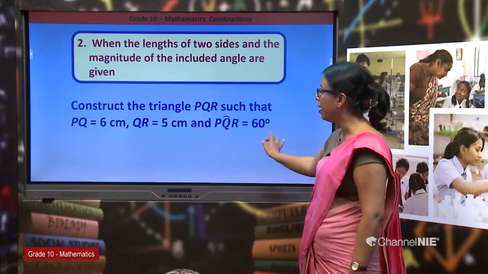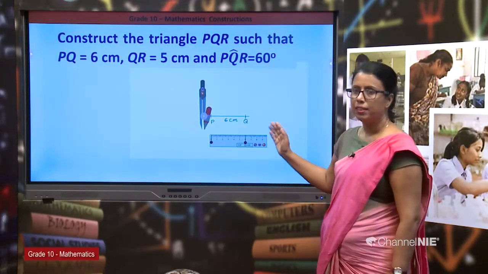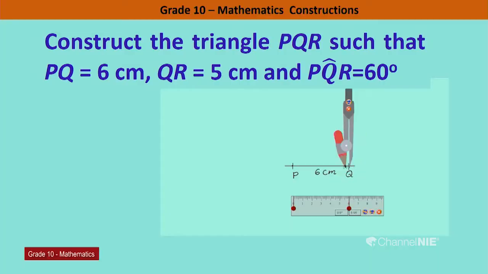Let us construct this triangle. Construct as earlier PQ line segment. Next we wanted to construct that angle. Q angle is 60. Let us construct angle 60. Construct an arc, take any radius, keep the steel point on the new point, do not change the radius, construct an arc to intersect that arc.